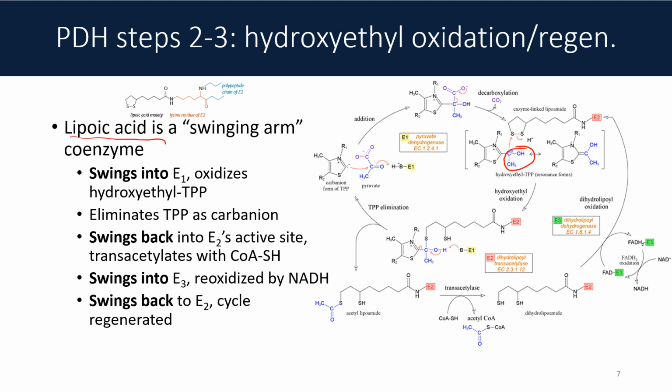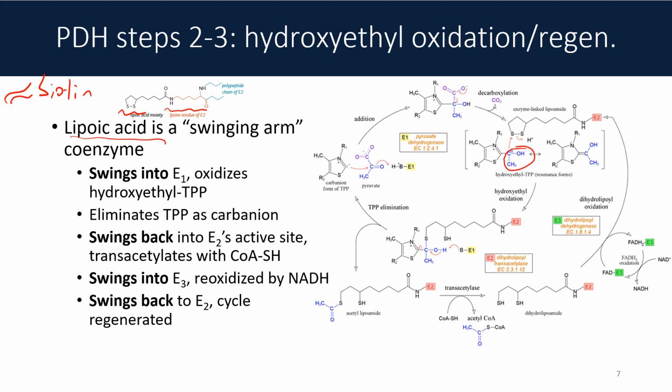Lipoic acid is called a swinging arm coenzyme, and it actually has a lot of functional similarities to biotin. Within the anatomy of lipoic acid, it's essentially an octanoic acid molecule that contains a cyclic disulfide at the tail end. And usually this coenzyme is derivatized onto a lysine residue, which is also very floppy within itself.